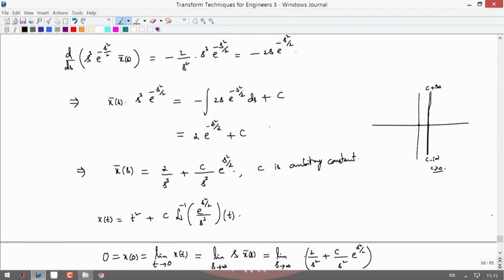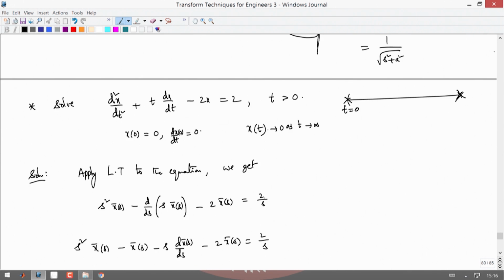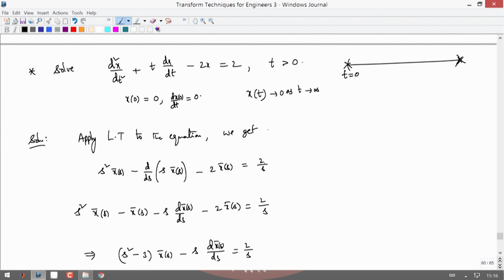Let us move on to solve more problems. As I explained, you need not be given two initial conditions, x at 0 and the derivative at x equal to 0. If your domain is this, you can also get a boundary condition like this, and still you can get a solution.